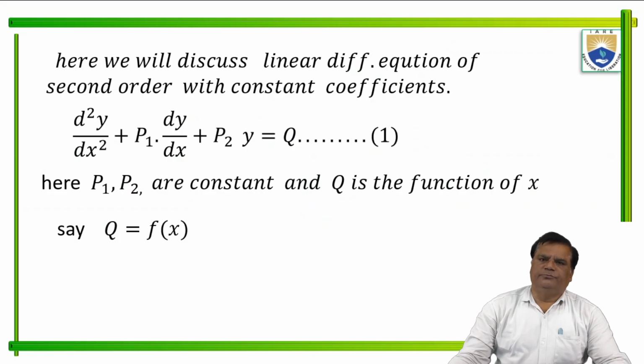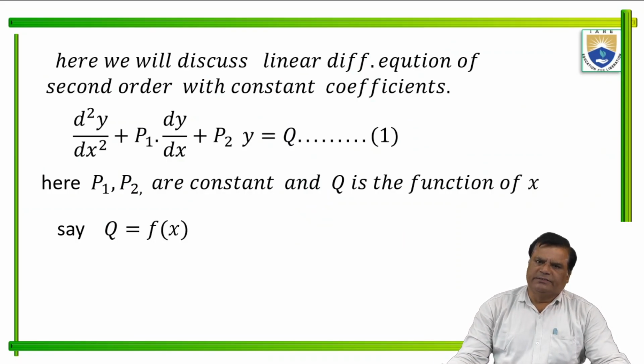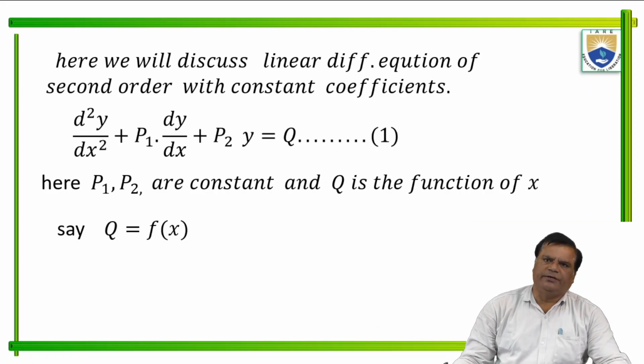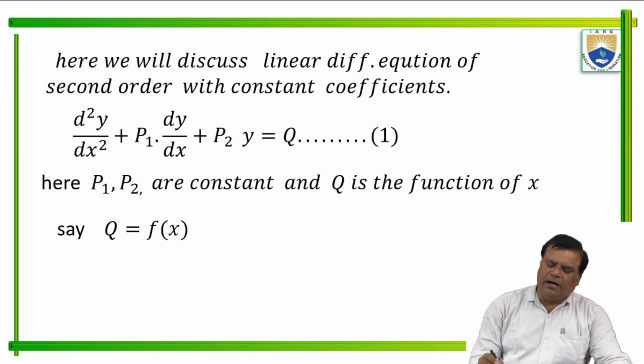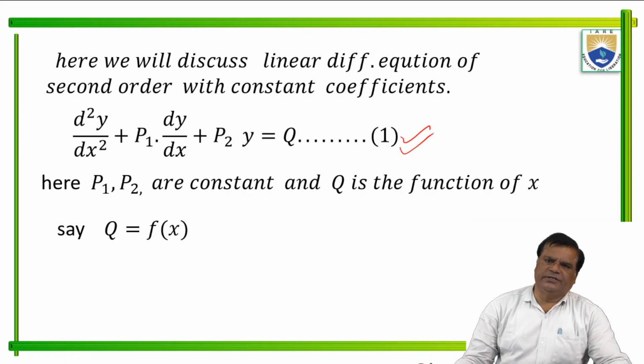So now, first of all, we discuss a linear differential equation with constant coefficient. Here we are given equation 1. That equation is known as a linear differential equation of second order with constant coefficient. In the last video, I also discussed this differential equation.